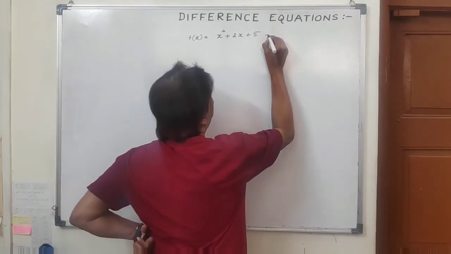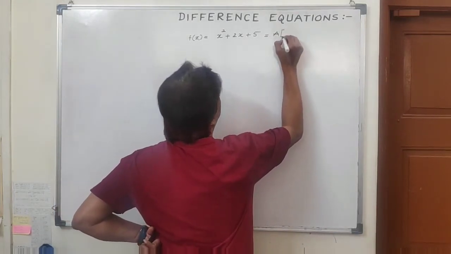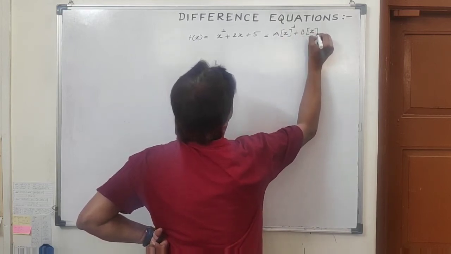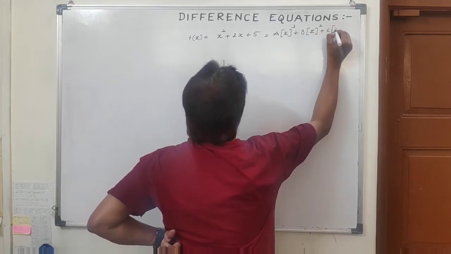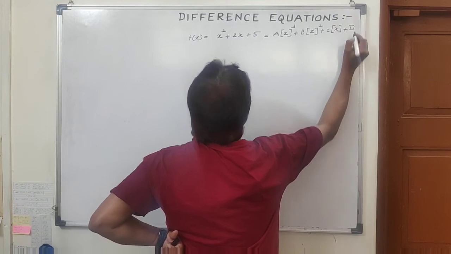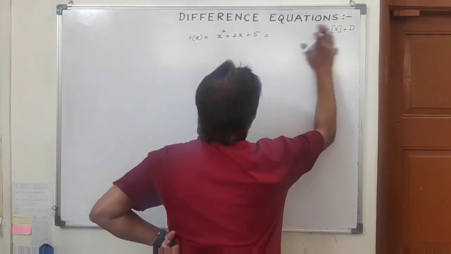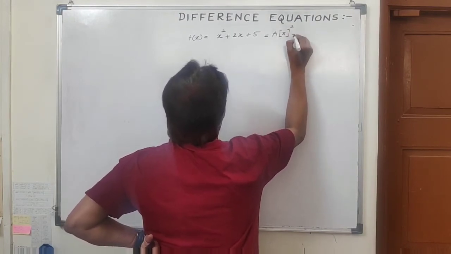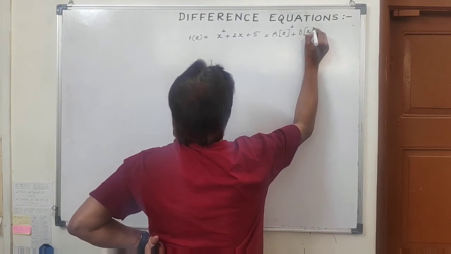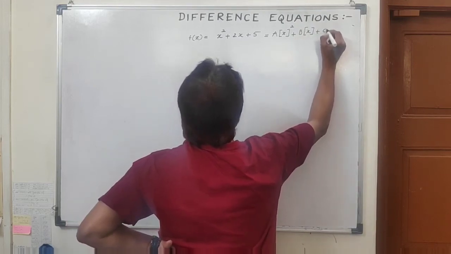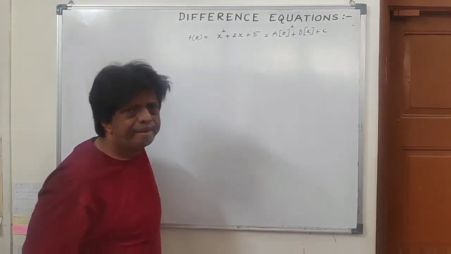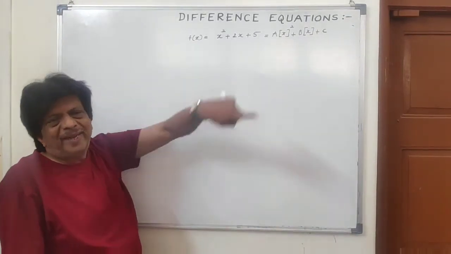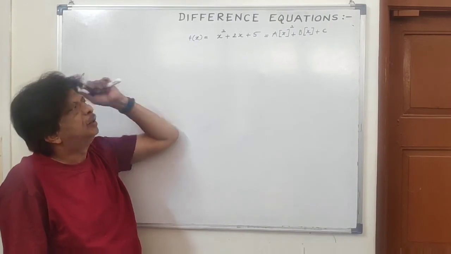Its corresponding factorial polynomial would be of the type a into factorial x square plus b into factorial x plus c. We want to determine a, b, c, which is determined by the division algorithm and method of detached coefficients.